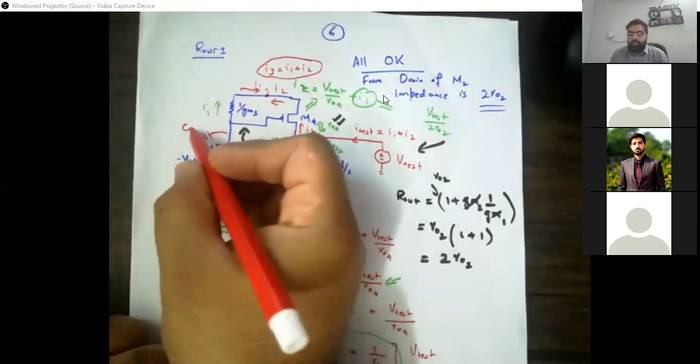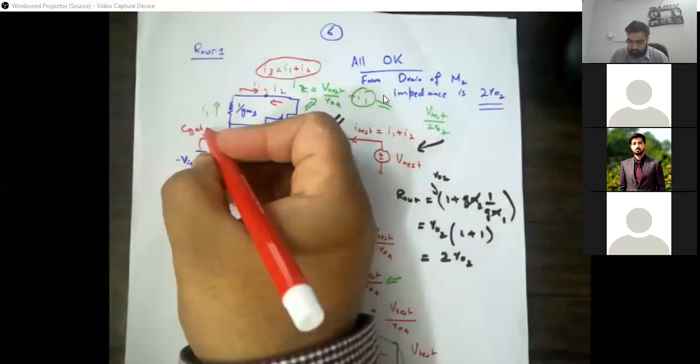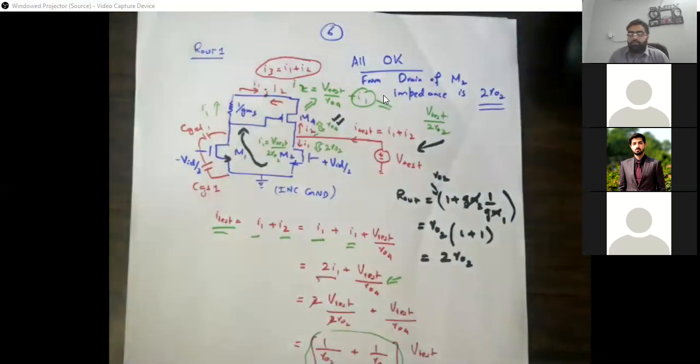So there is basically a question why we are not considering the CGD in the analysis. Anybody want to answer this thing? कि हम लोग CGD को क्यों नहीं consider कर रहे in the input capacitance?